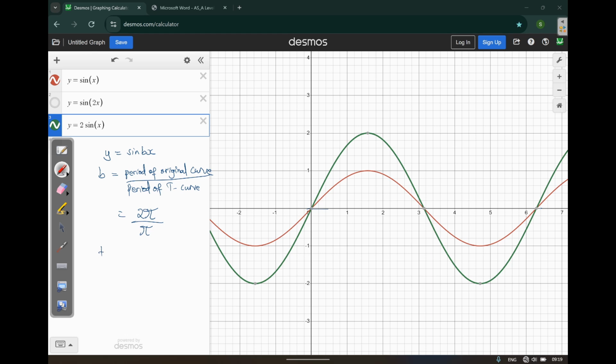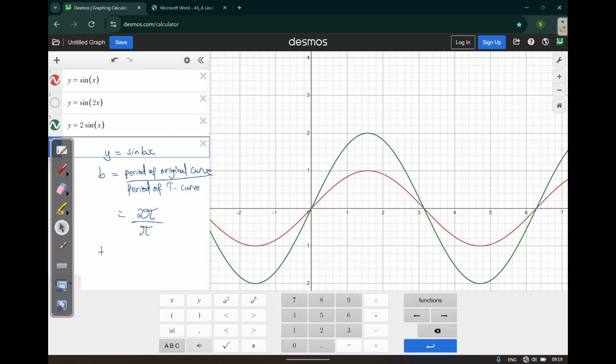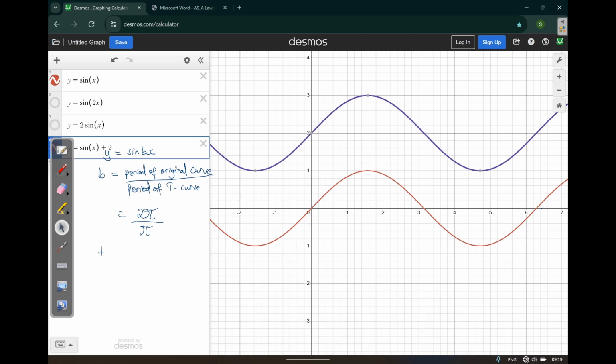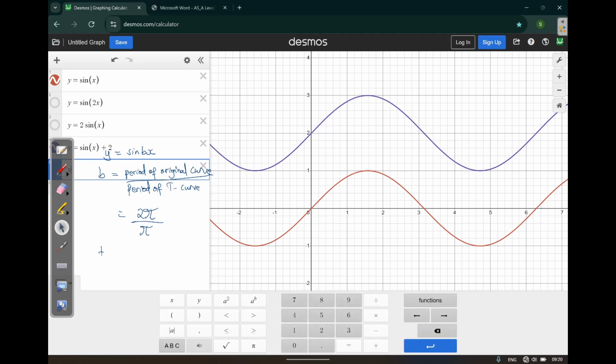And then let us also see what happens when we transform this one. Let's say y is equal to sine of x, then plus 2. You see? Plus 2. Now, this one was taken up. That is a vertical translation. So when you look at this line here, y equal to 2, it is the one that divides this into 2 equal parts, right?